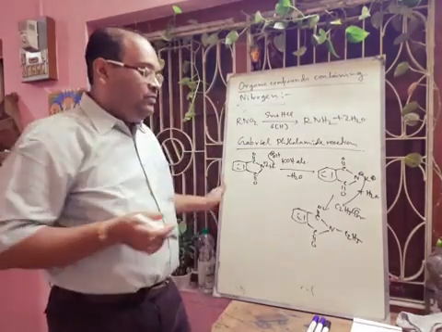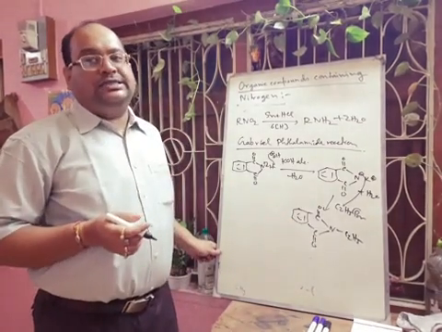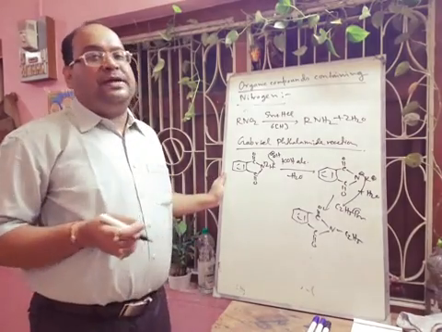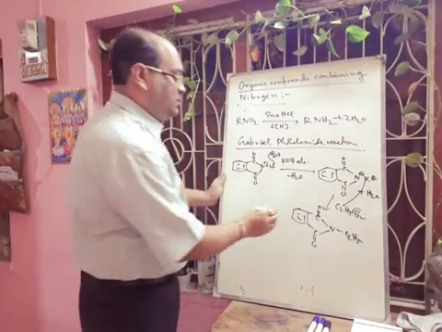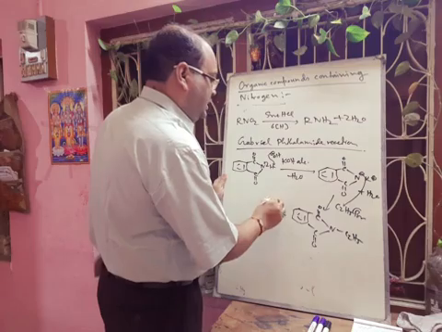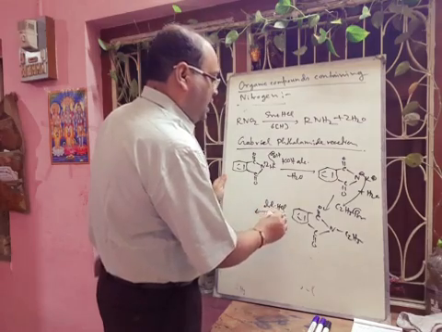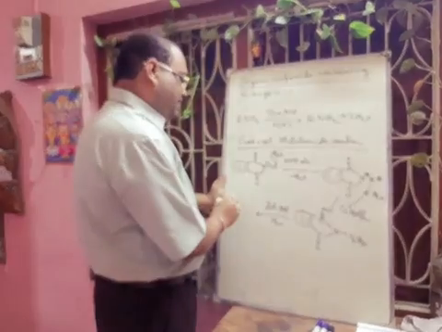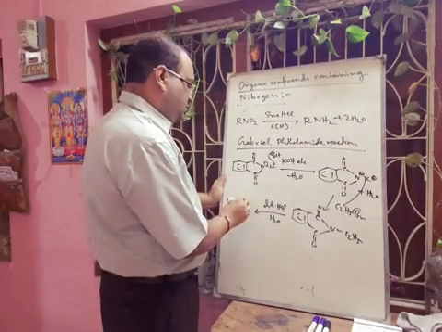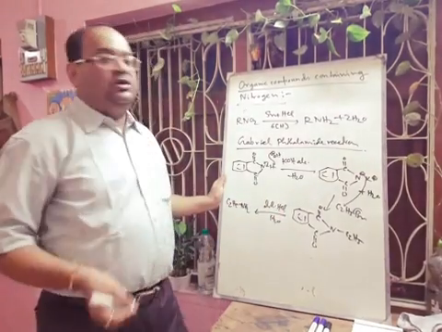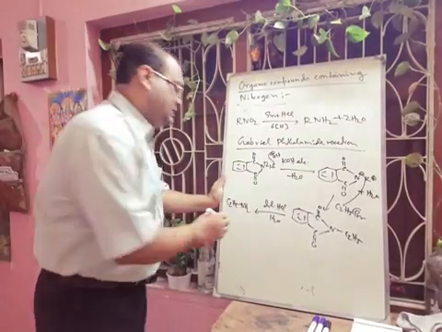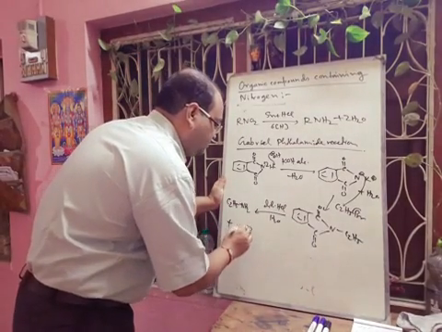And in the next step we have to hydrolyze this amide group by using dilute HCl. We give dilute HCl and water and hydrolyze, then we will get the primary amine, C2H5NH2, and this will be converted into phthalic acid.